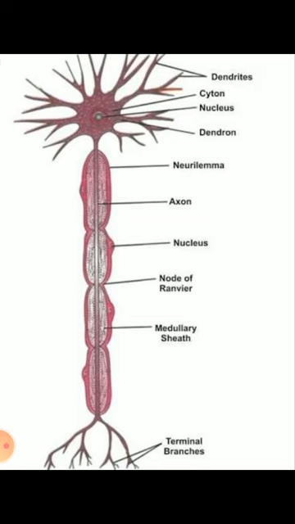The axon is covered with membranous covering, medullary sheath, and neurolemma. In between, nodes of Ranvier, that gap is present, and it ends in terminal branches. The nerve tissue helps in perception of stimuli and its response. That is the function of neurons or nerve tissue.